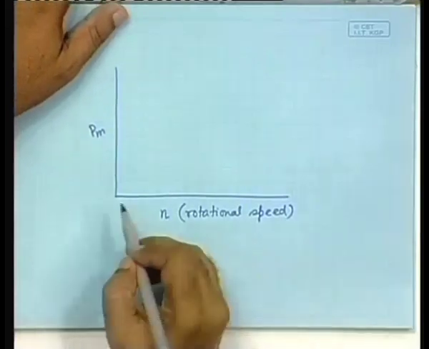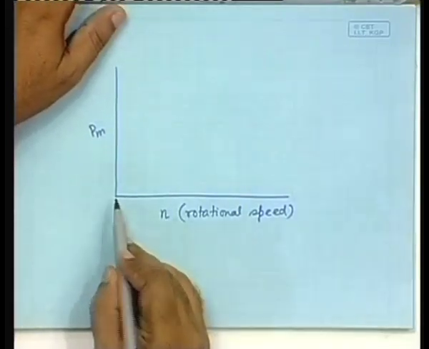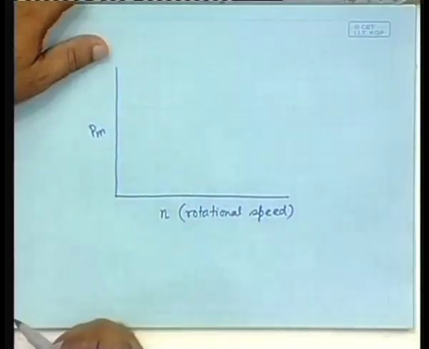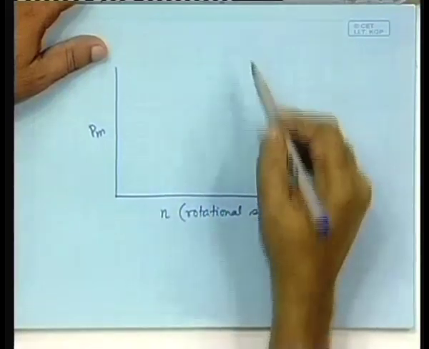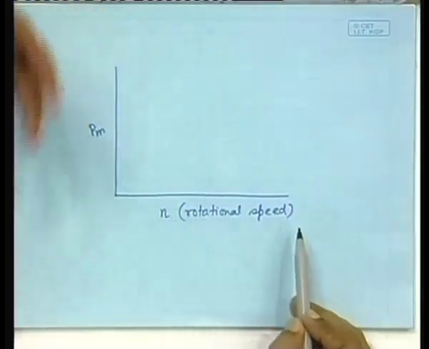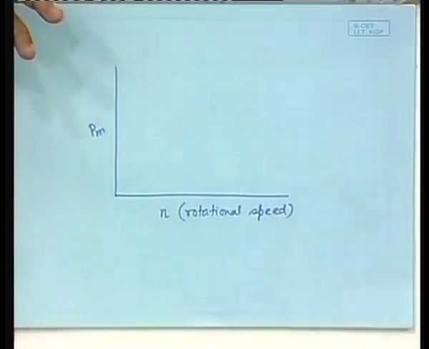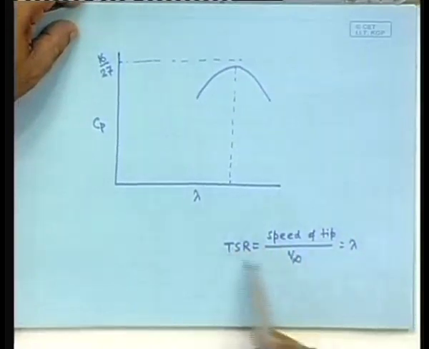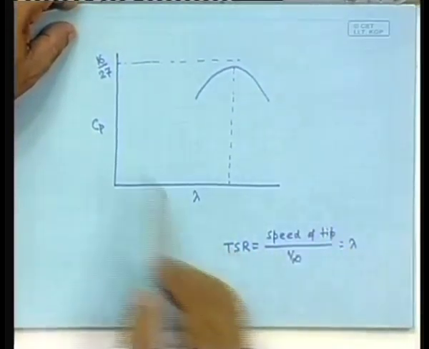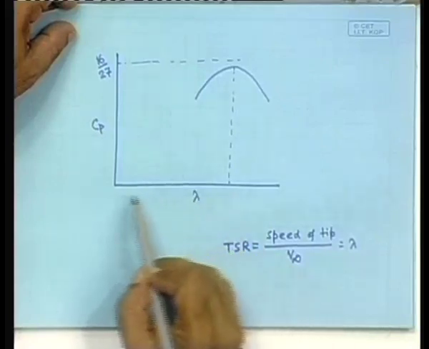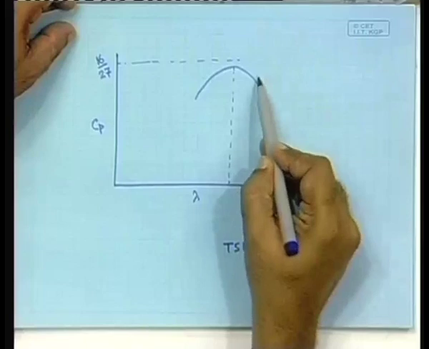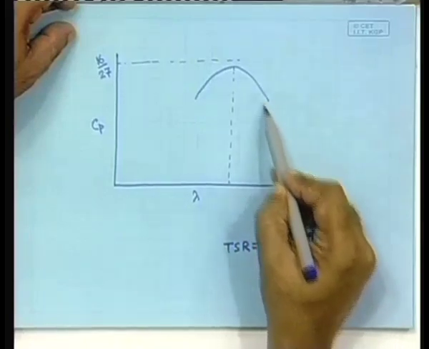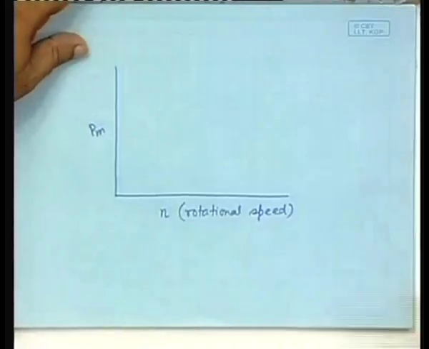Let's see, let's go by logic. What will be the power produced at 0 speed? 0. So, it must start from here. It must rise, but can it rise indefinitely? No, because as the rotational speed increases, since the power is dependent on Cp and Cp depends on lambda, if the speed of rotation goes very high, with this remaining constant, then what will happen? The TSR will be very high. As a result, the Cp will go down, the power coefficient will go down, power will be less, so it will again fall.